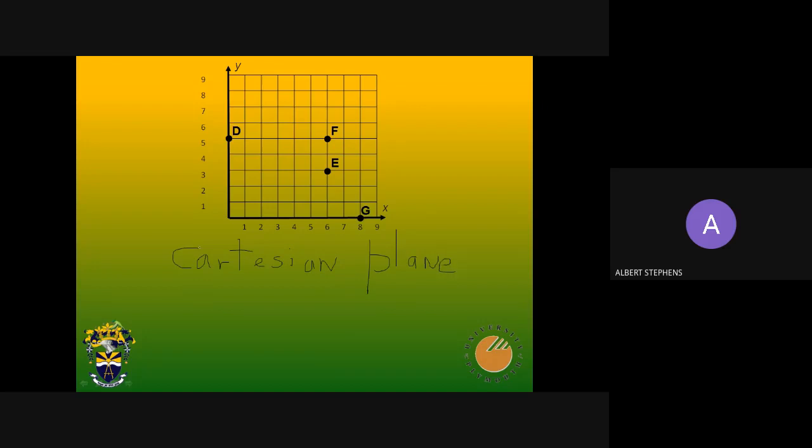The graph paper that you have is called a Cartesian plane, and the purpose of the Cartesian plane is to plot points. The Cartesian plane can be broken up into 4 parts, called the first, second, third, and fourth quadrant. Just to inform you about that.